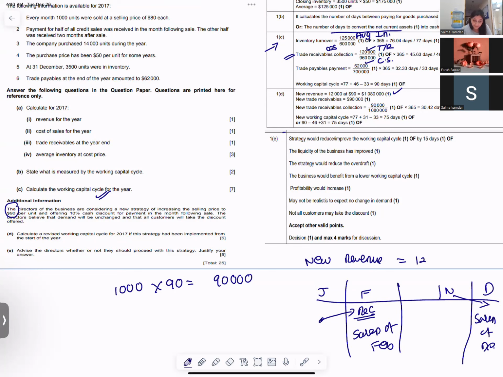Okay. So whenever I am selling, the next month I am going to receive full payment. So the trade receivables in the month of February would be only the sales of February. Similarly, trade receivables in December would be full sales of December.